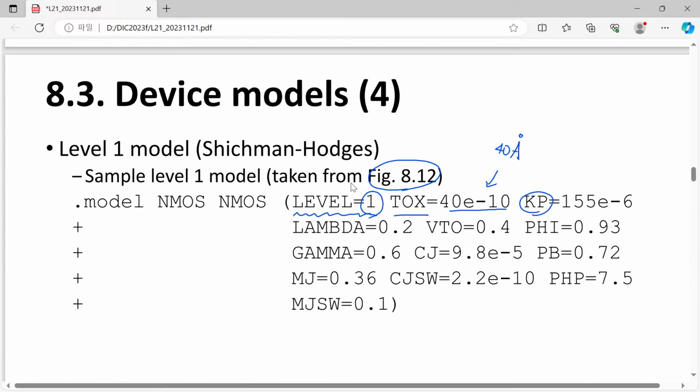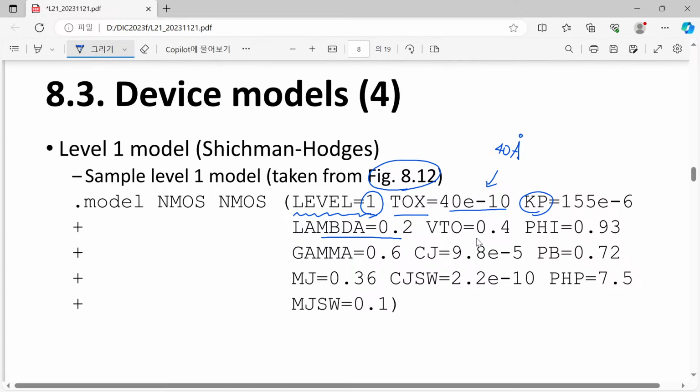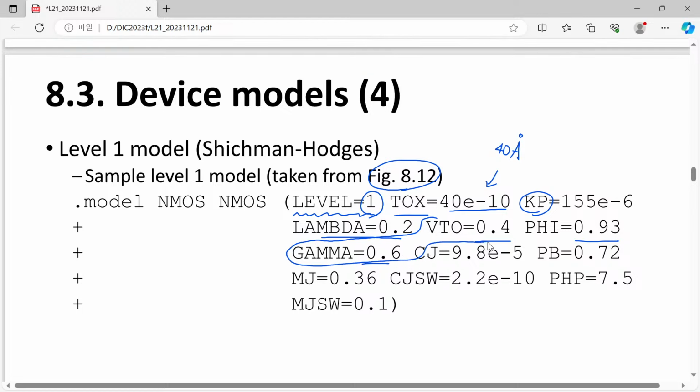And lambda, yes, here we have lambda, and zero biased threshold voltage, surface potential and gamma. So you can understand with these three parameters we can specify the change of threshold voltage with respect to the source to body bias, and other ones are all related with such kind of junction capacitances. So we will not cover this one in this lecture.